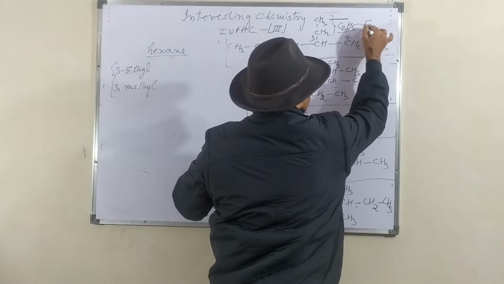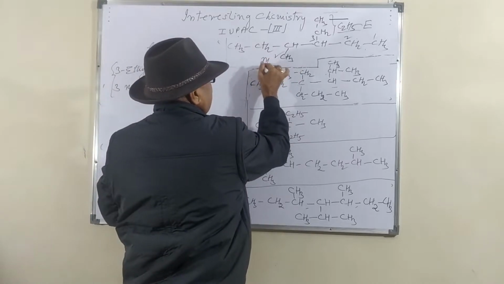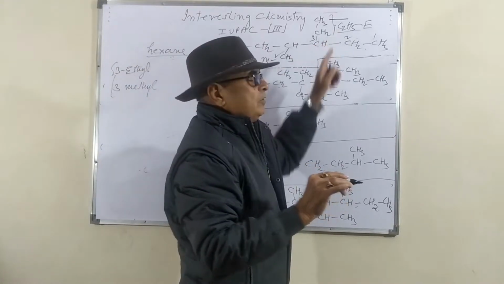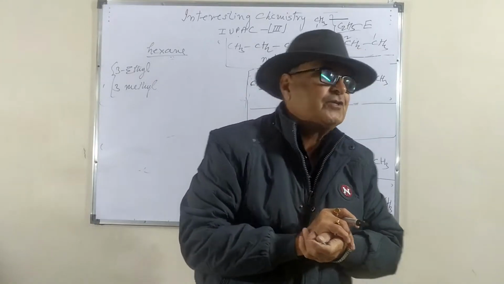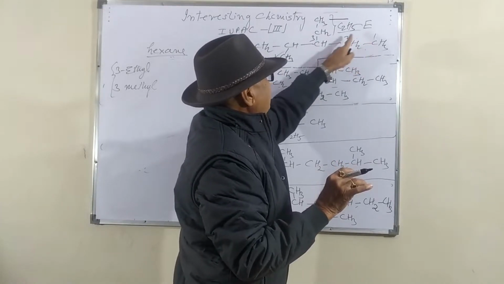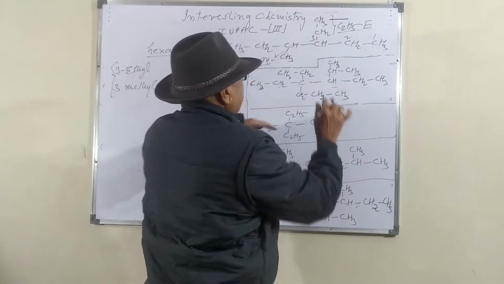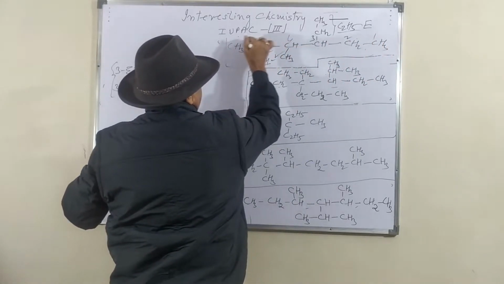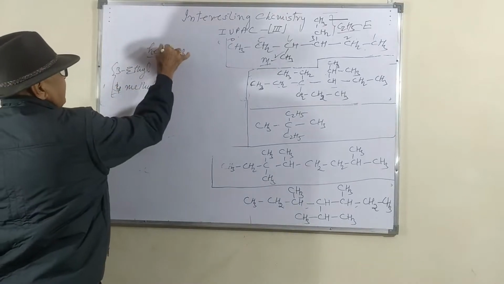E comes first in alphabetical order and M, methyl, comes later. So the ethyl group will be given the least number in the longest chain. Here the ethyl group will be awarded 3, and the numbering will start from the right hand side, then 4, 5, 6. So here it is 3-ethyl and 4-methyl hexane.